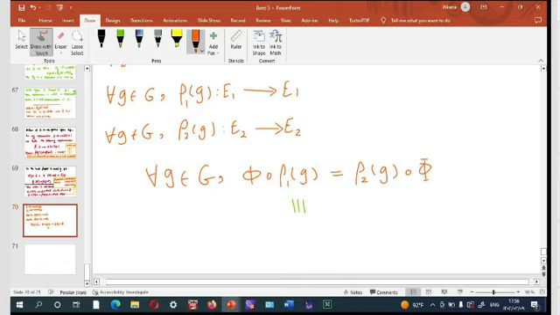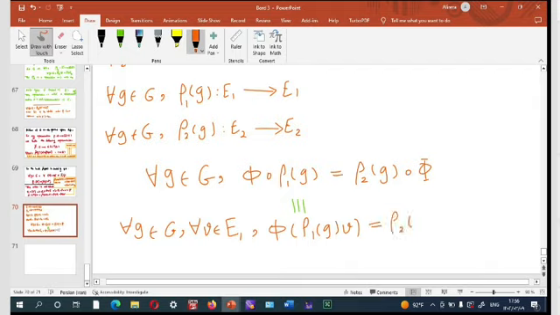For any g in G, these equalities mean that for any v in E1, phi of rho 1 of g of v must be equal to rho 2 of g of phi of v.